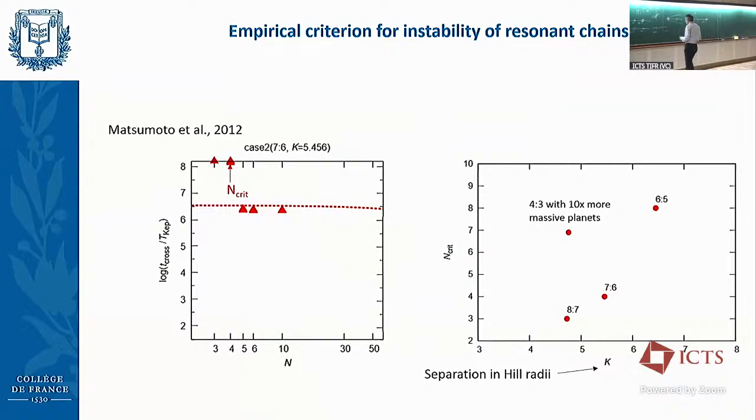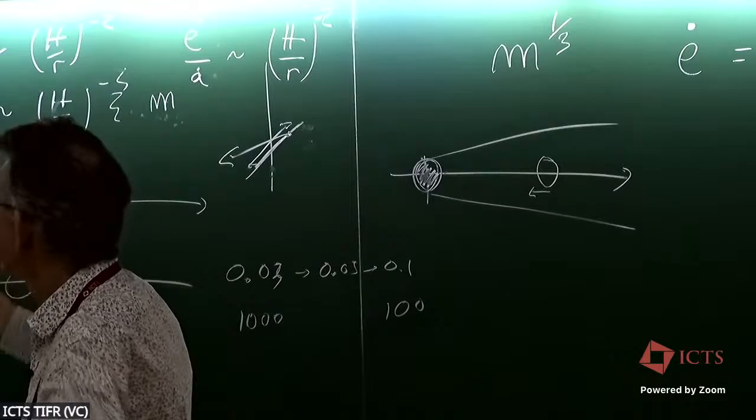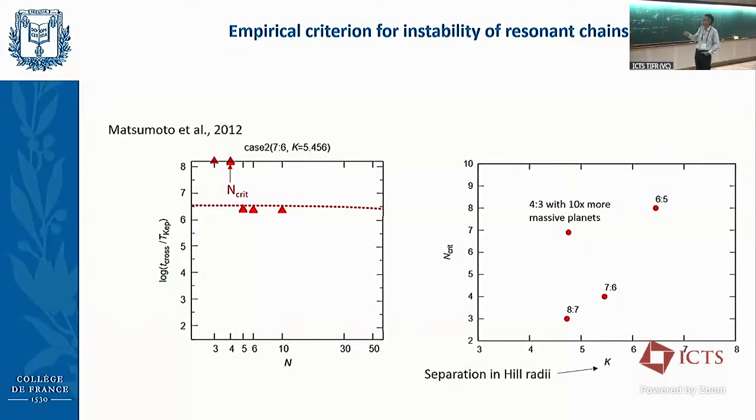And the Hill radius is proportional to the mass of the planet to the power 1/3. So as you can see, going from a loose resonance like 6 to 5, where you can even put 8 planets in resonance, to a narrow resonance like 7 to 6, you can put only 4. And if you go to 8 to 7, you can put only 3. And in the 4 to 3 resonance, you can put many planets.